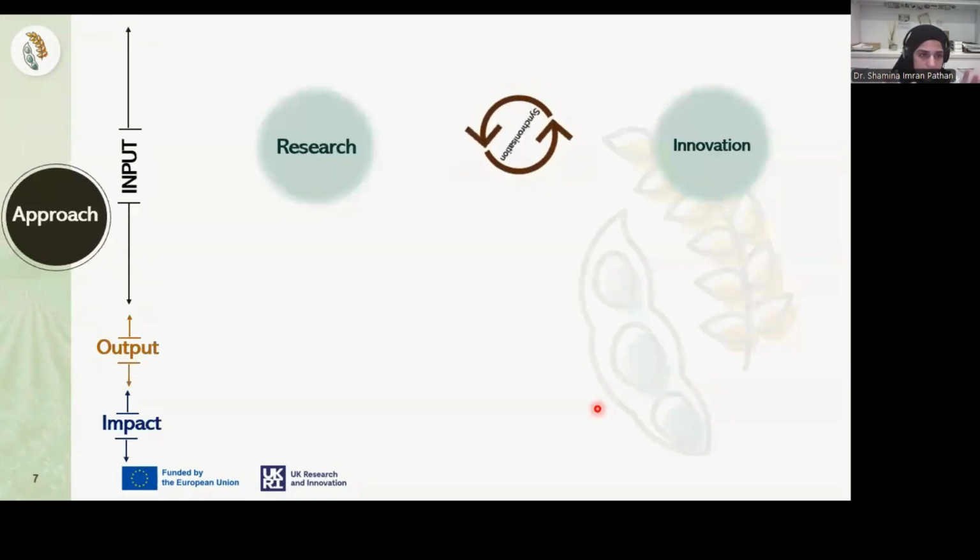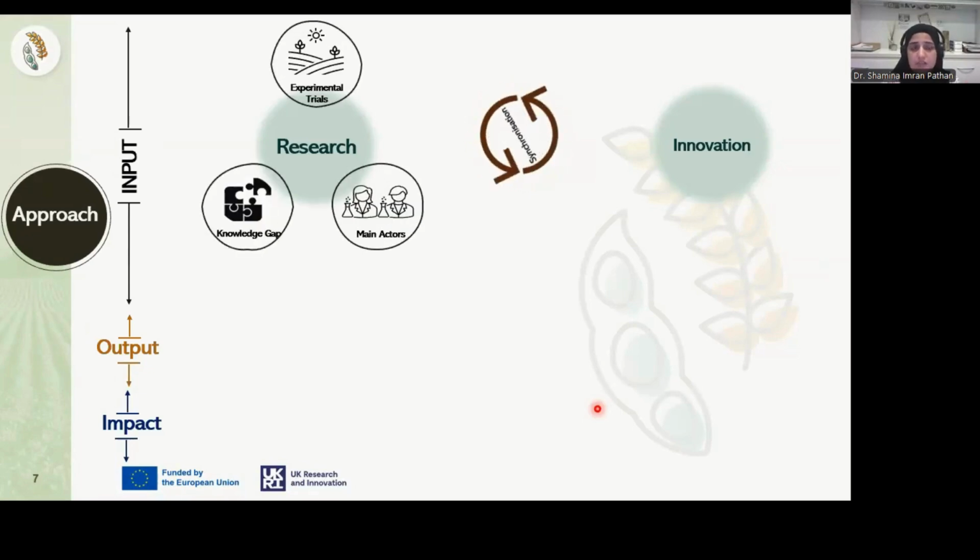And as you've seen, the project is a research and innovation project. So we are focusing on and balancing both aspects, research and innovation, and both aspects are very well synchronized to each other.